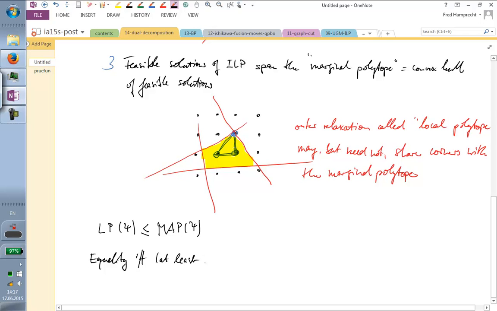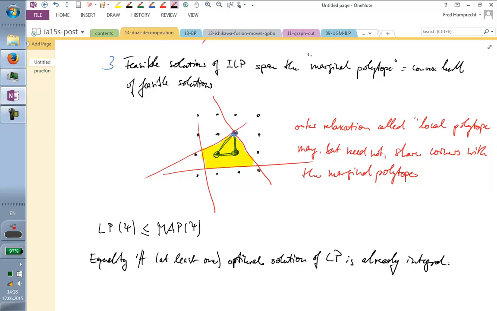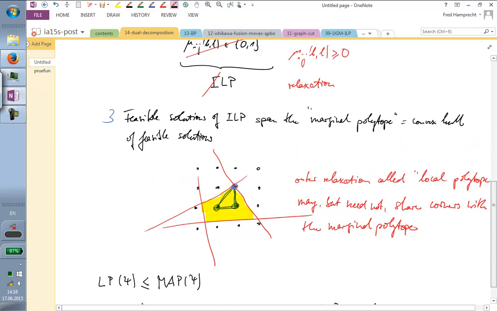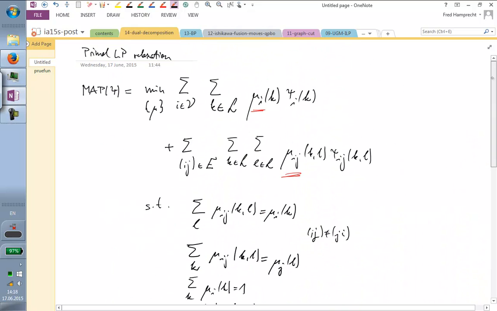Sometimes I can have degenerate solutions, yeah? So I'm writing, if at least one of our optimal solutions, in the degenerate case, is fully integral. Okay, so this was an LP relaxation in the primal domain.